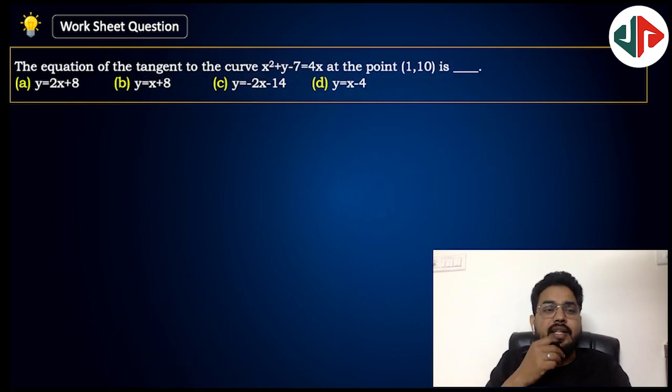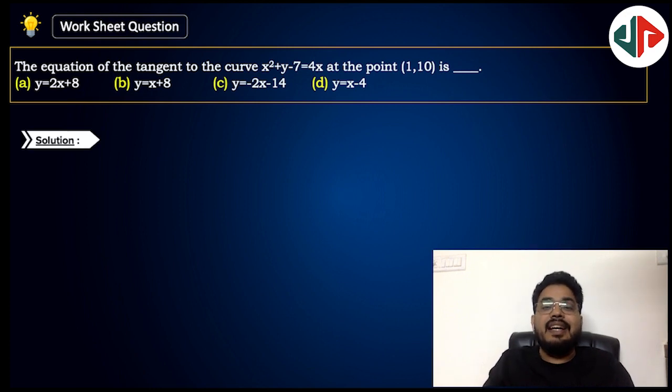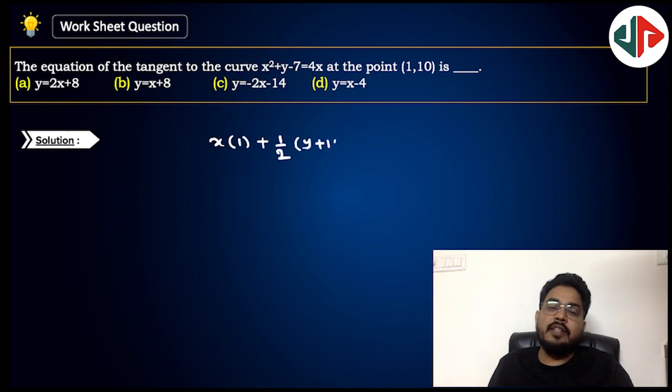Next question: the equation of the tangent to the curve at (1, 10). You look at the curve as x x1, in place of x1 you write 1, plus the y coefficient is only 1. So you write half of (y plus y1) minus 7 is equal to 4x, 2 times (x plus 1).